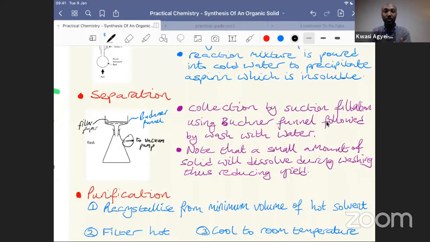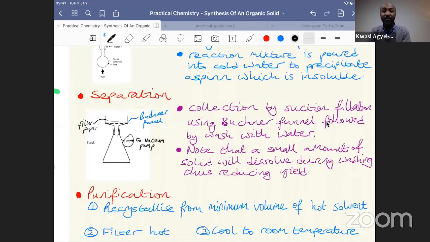You'll then use a wash bottle and squirt the solid on your filter paper with water, or pour cold water over it. You want to wash it with water because your solid is insoluble in water, but you want soluble impurities to be dissolved and removed from that solid. Okay, so that's what you need to do.